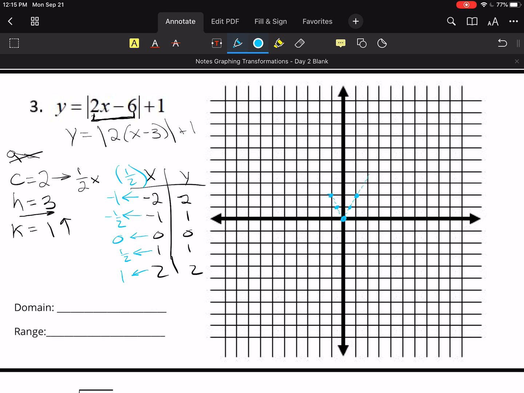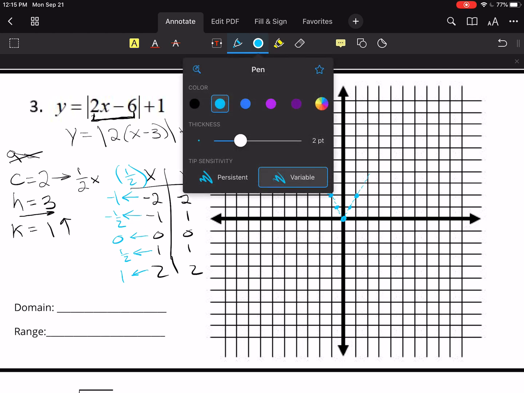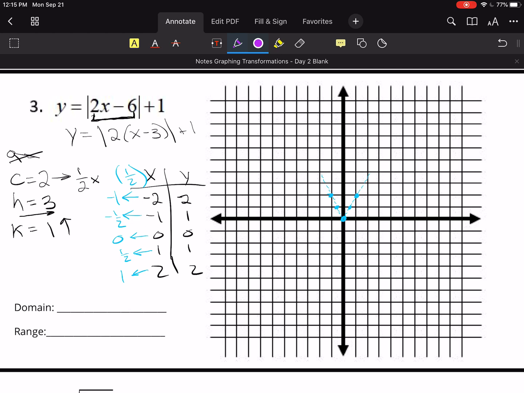Again, I'm going to do a dotted line because I still have to shift it right and up. Okay, so final step, I'm going to shift all of this right 3 and up 1. So right 3, 1, 2, 3, and up 1. So that puts my new vertex or middle point there. Doing the shifts to the other points, that would move this one here and then here.